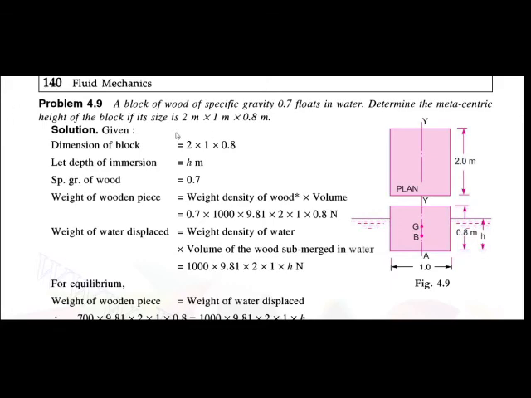So here 2 meter into 1 meter into, we don't know the height of immersion, so we are considering the depth of immersion as h. So the weight of the water displaced is equal to 1000 into 9.81 into 2 into 1 into h.